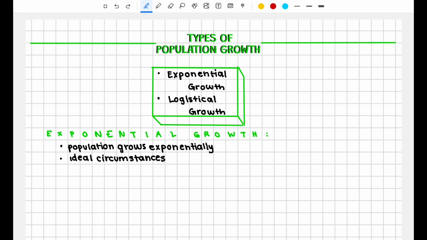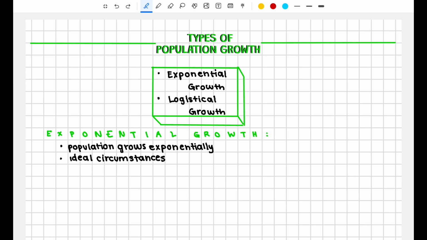And since this population is growing exponentially, it's very unlikely to last, because at some point, when the population keeps increasing, it's going to start having limited resources.